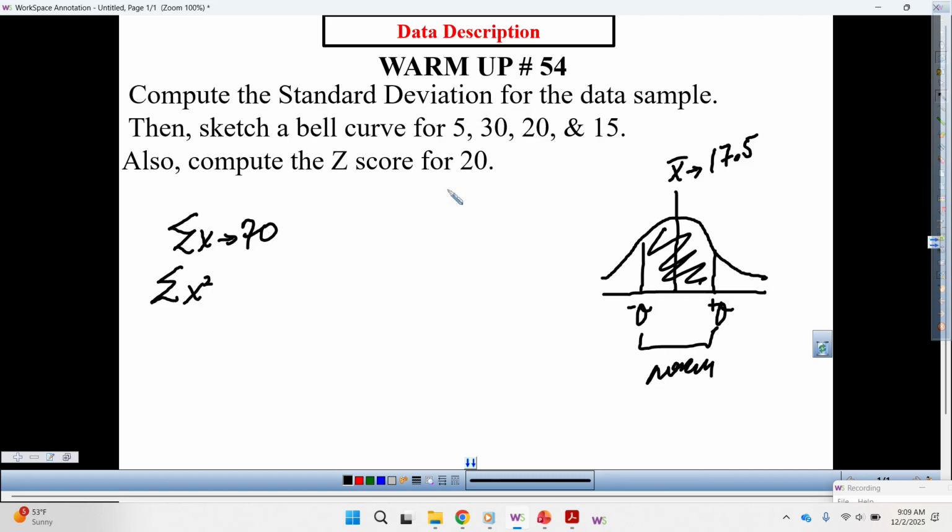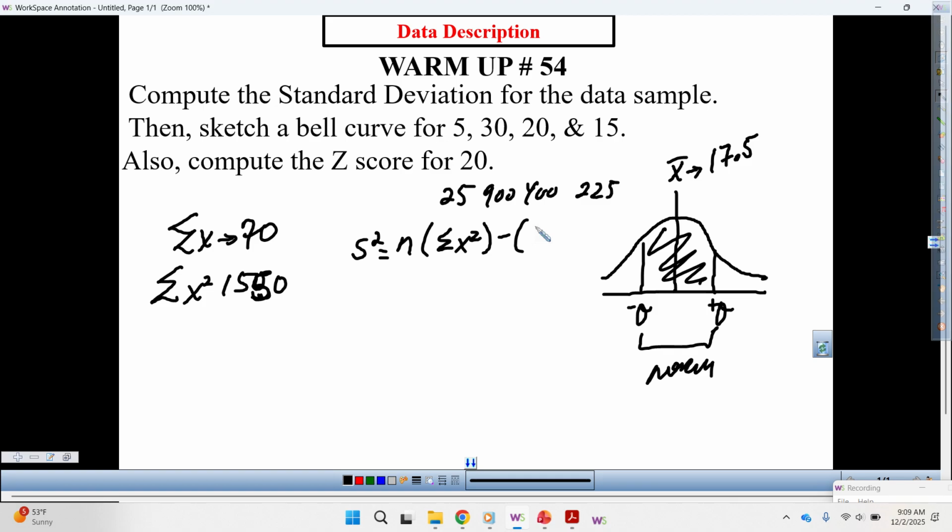So we got 25, 900, 400, and 15 times 15 is 225. So 925, 1325, 1550. My goodness. I'm on like Donkey Kong. Let's go. N times the sum of all x squared, minus the sum of all x's, then square that, over n times n minus 1. That's the shortcut.